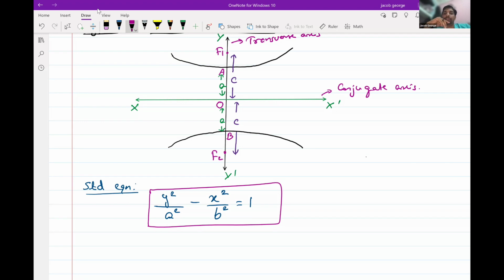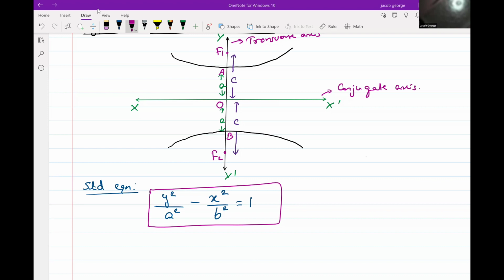Next, what are the coordinates of foci here in second type? Alfin, coordinates of foci. It is on y-axis. 0, plus or minus C. Correct.